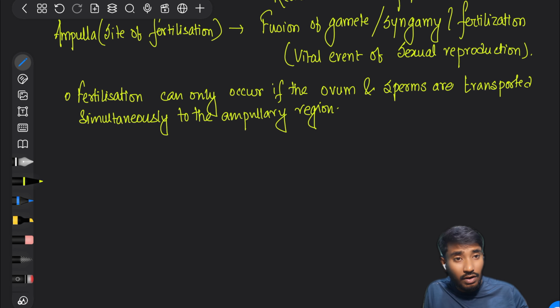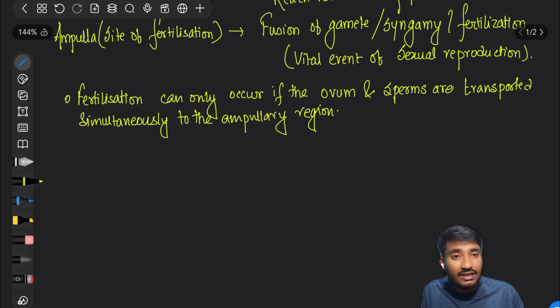This is the reason why not all copulation leads to fertilization and pregnancy.